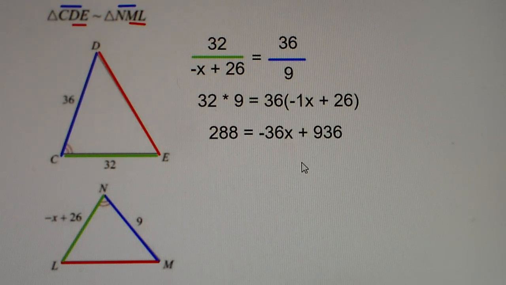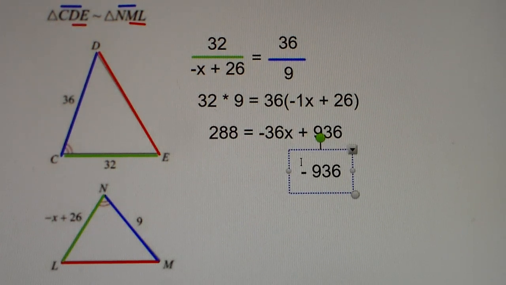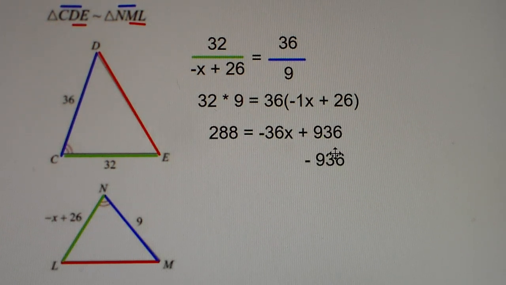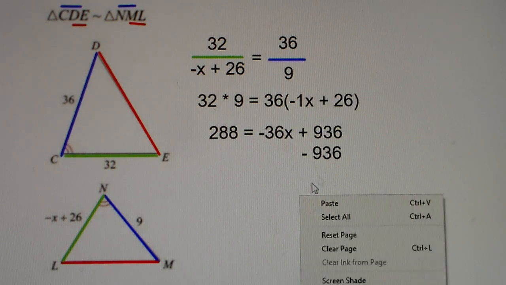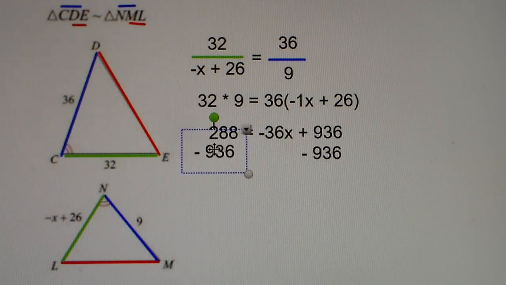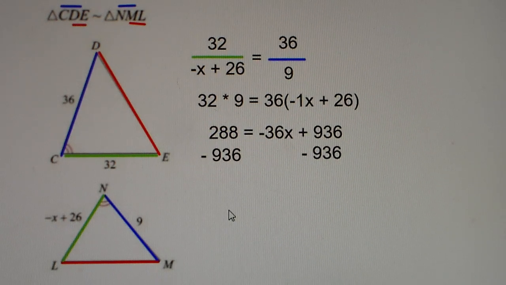Then we're going to subtract 936 from both sides. So 288 minus 936 gets you negative 648.